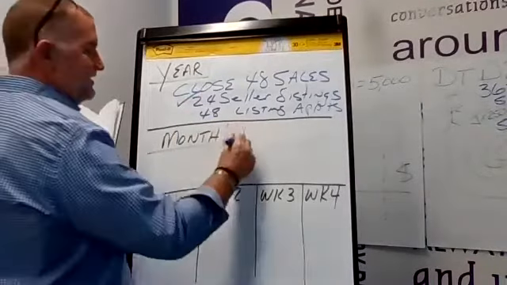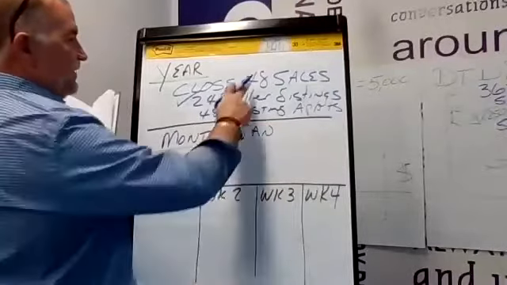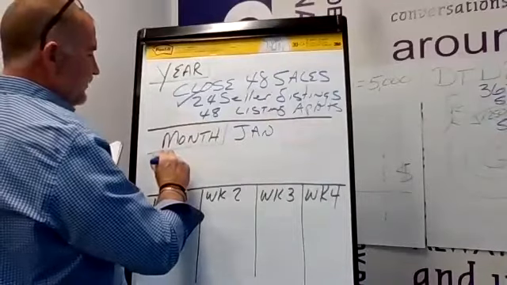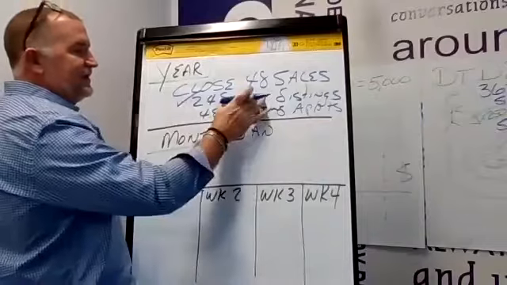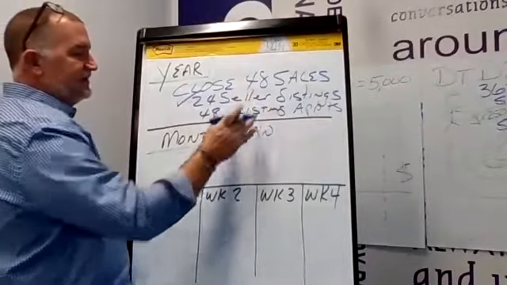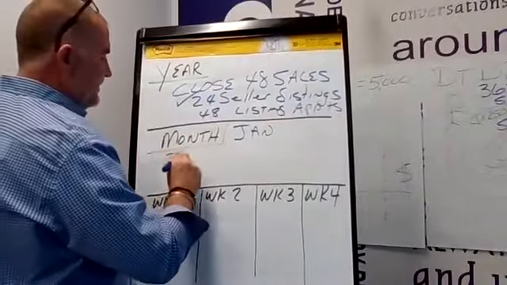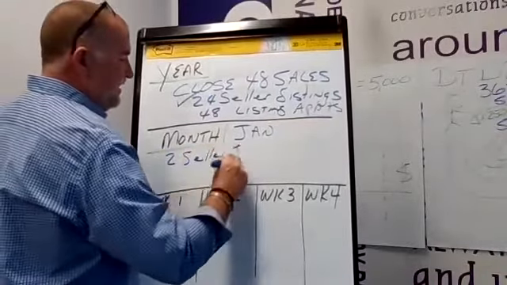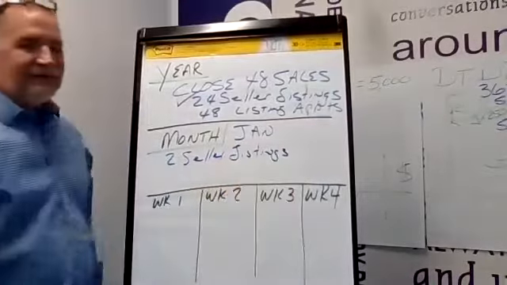The next step is month 1, January. Well, 48 divided by 12 is close 4 sales, but I'm not going to focus on that. I'm only going to focus on seller listings and seller listing appointments. So 24 divided by 12 is 2. I'm going to take 2 seller listings in January.